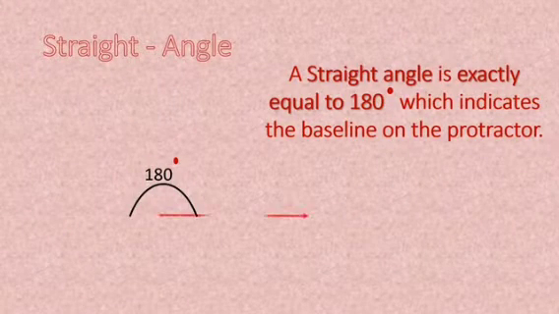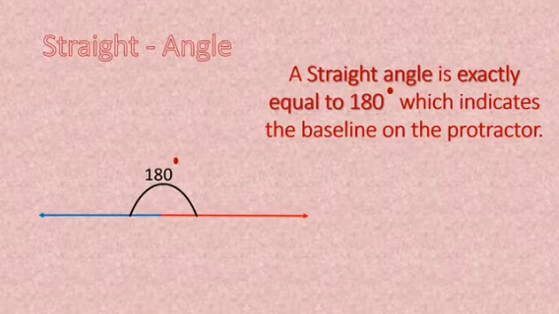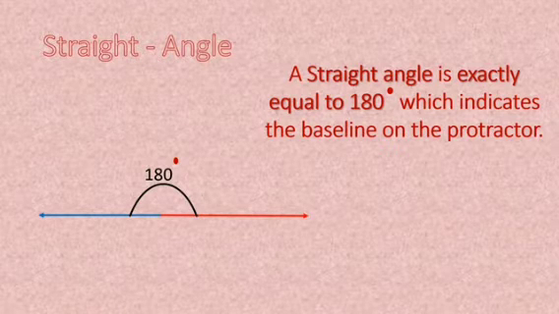Now for the next type, it is the straight angle. As the name itself indicates, it's just a straight line which forms 180 degrees from its zero baseline. If you observe this, children, see the blue ray was exactly above this when we started, correct?